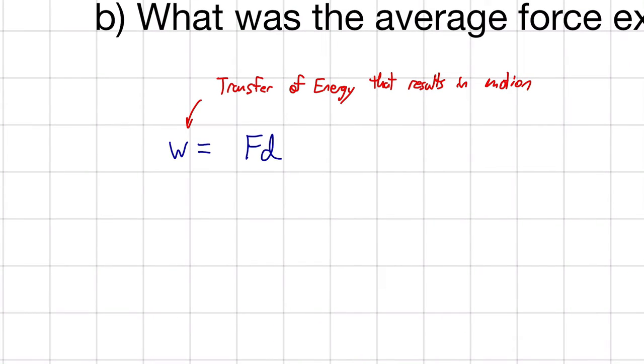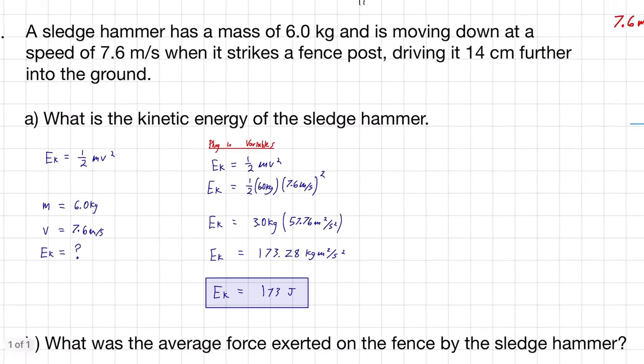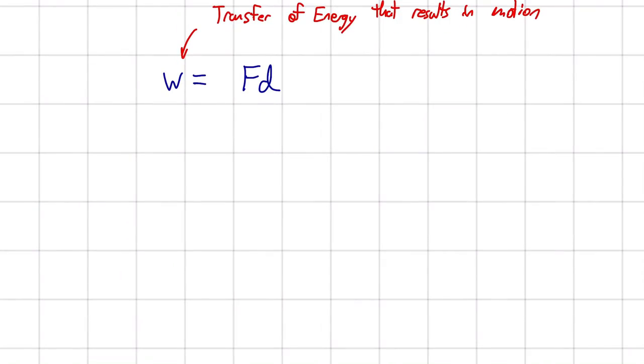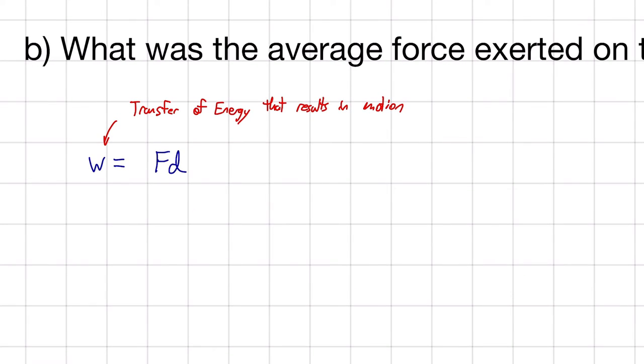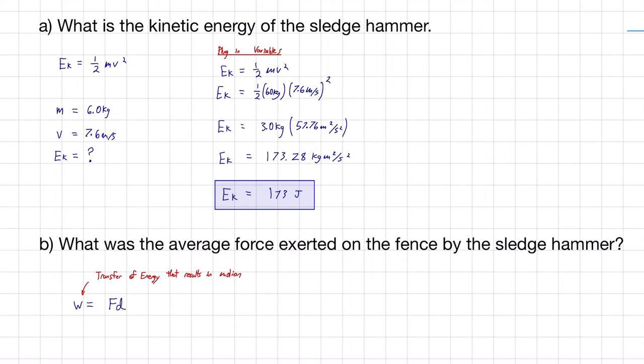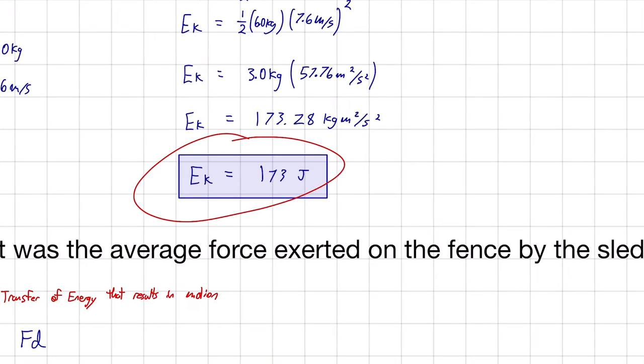So work is a transfer of energy that results in motion. And we had a transfer of energy that resulted in motion, 14 centimeters. Since this is the transfer of energy, we know this value. We know how much energy was transferred from the sledgehammer to the fence post.